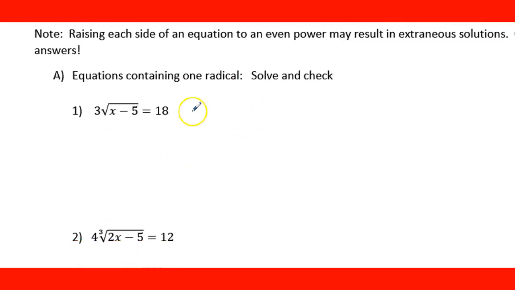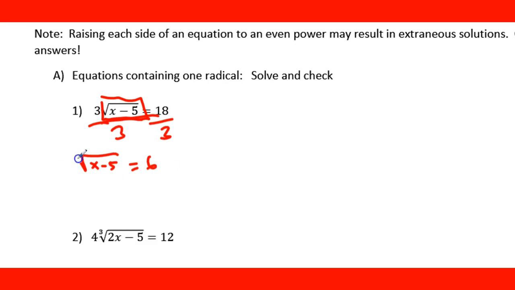So now let's go ahead and do an example. Right here, first what we're going to do is see the radical. This whole portion of the equation is in this radical jail right here. It's underneath the radical. So we're going to solve what's outside. We're going to divide by 3 on both sides. So I have the square root of x minus 5 equals 6.